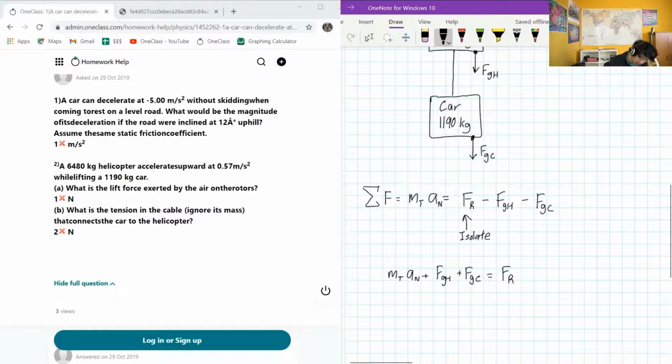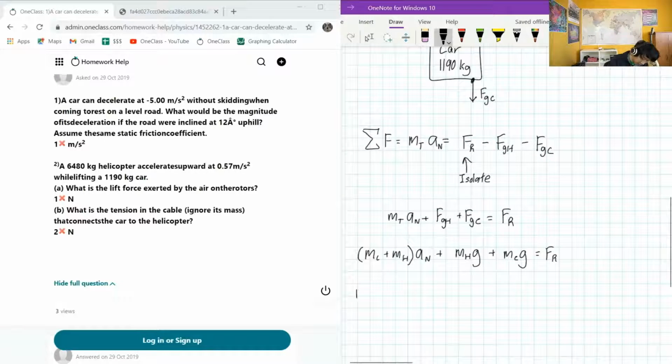To write these out in full, MT is going to be M car plus the mass of the helicopter, MH, multiplied by AN, plus the mass of the helicopter times g plus the mass of the car times g, and that is equal to FR.